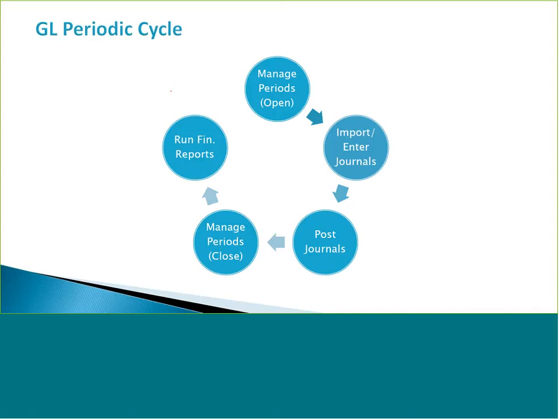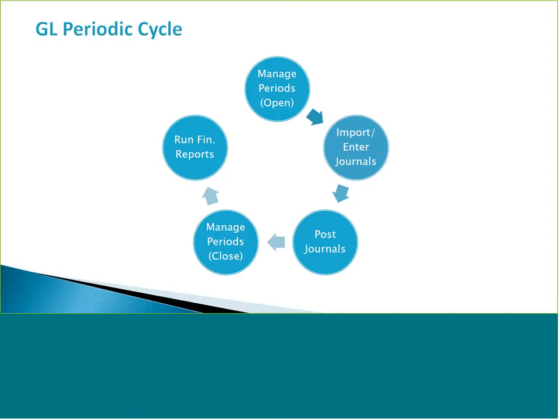Before you do anything, you have to manage periods. The first thing you do is open the period, because you can only enter journals in a period that is open. Once you open the period, you can start entering or importing journals from other modules.